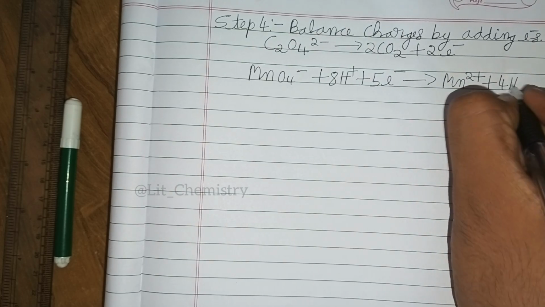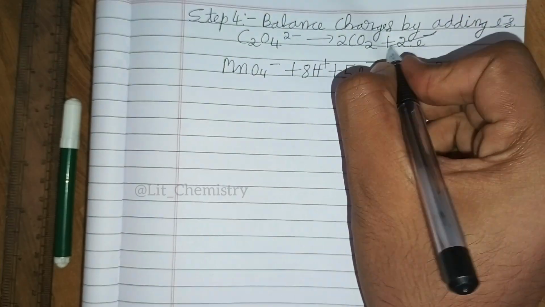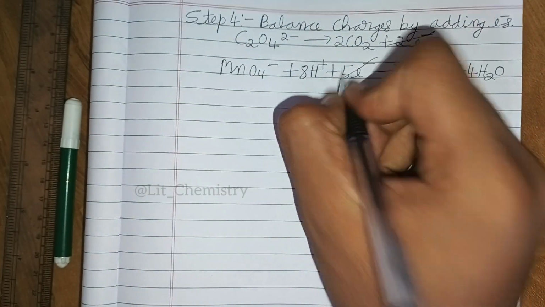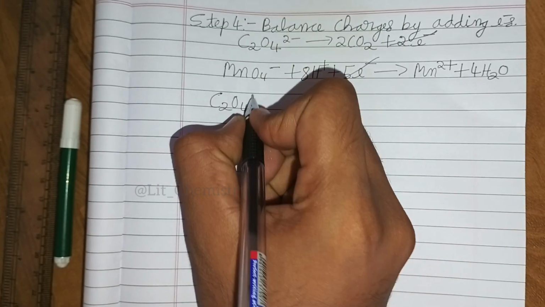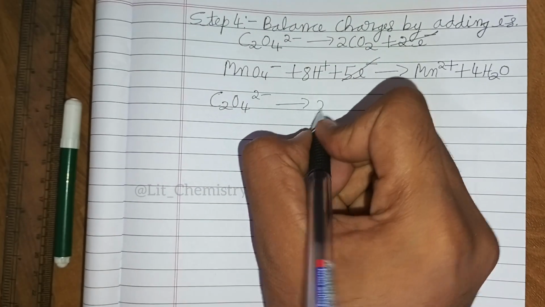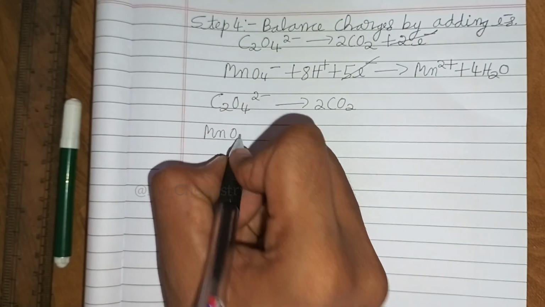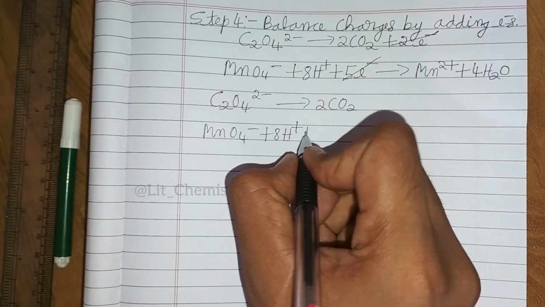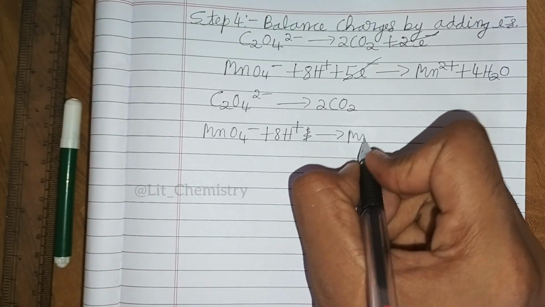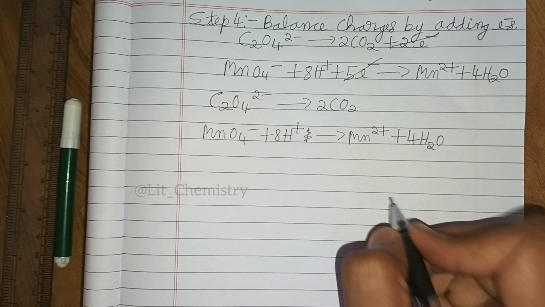plus 4H2O. So now we perform the cancelling step, just like our weekend plans get cancelled. Then again we write the same thing. C2O4 2 minus gives rise to 2CO2, and MnO4 minus plus 8H plus gives rise to Mn2 plus 4H2O.